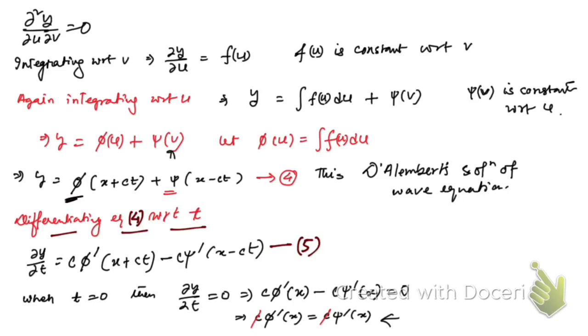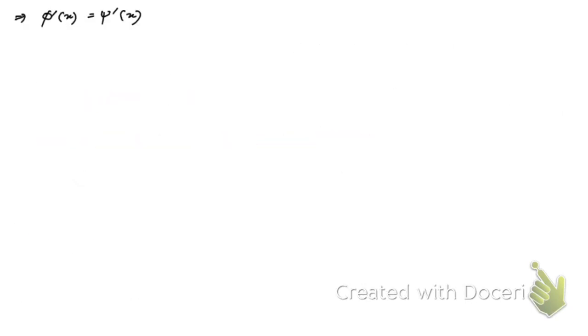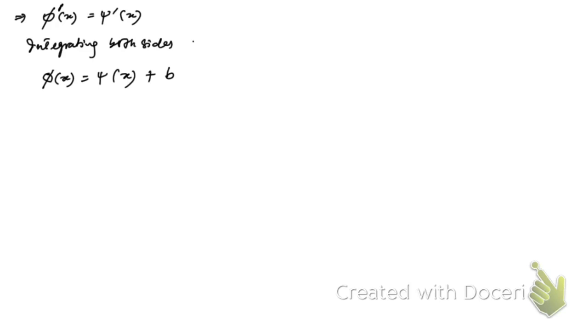Here you can see. So now if we integrate both sides, this is psi dash, so integrating both sides, we get, derivative will be removed, so here we're gonna get phi x equal to psi x, and we need an integrating constant. Suppose this is b.